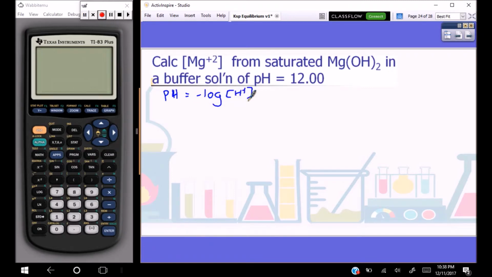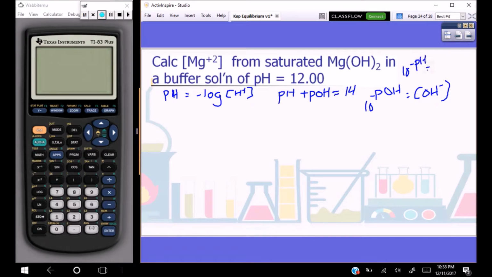We also know that pH and pOH equal 14. And then I could also say 10 to the negative pOH equals my hydroxide concentration. Before on the last slide I showed you 10 to the negative pH is my H plus concentration. Same equation. pOH and pH are very different, but it's the same equation. You could do either or.